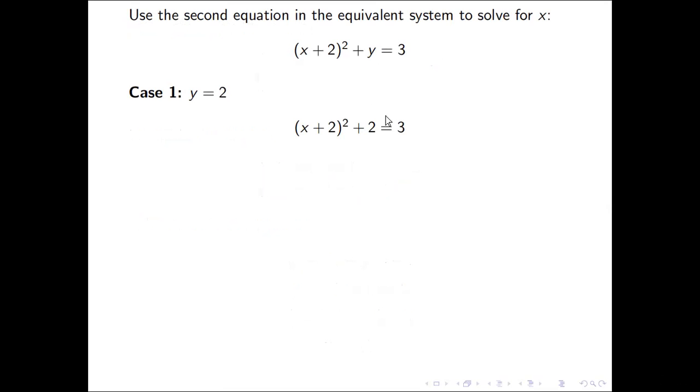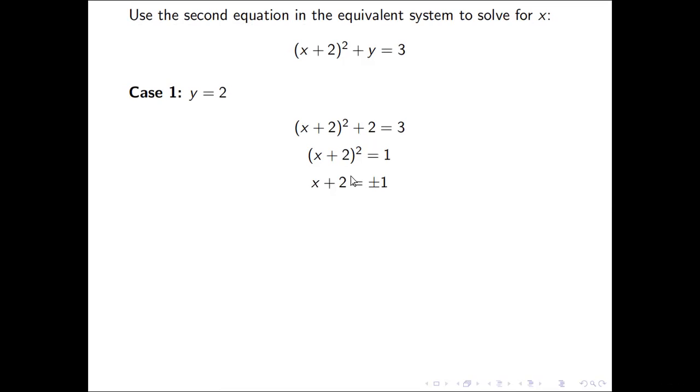So we transpose this to the other side. We get (x + 2) squared equals 1. We take the square root of the equation, taking both plus and minus roots. So we get x + 2 equals plus or minus 1. So we get two values for x. We transpose 2, which becomes negative 2.